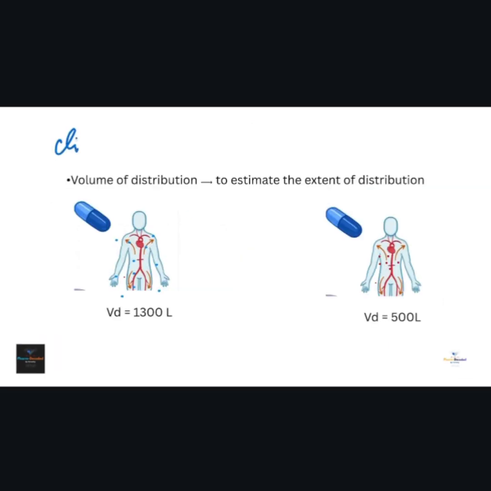So clinically, volume of distribution is used to estimate the extent of distribution. If we say that volume of distribution is 1300 liters, this drug has taken 1300 liters of volume to distribute.